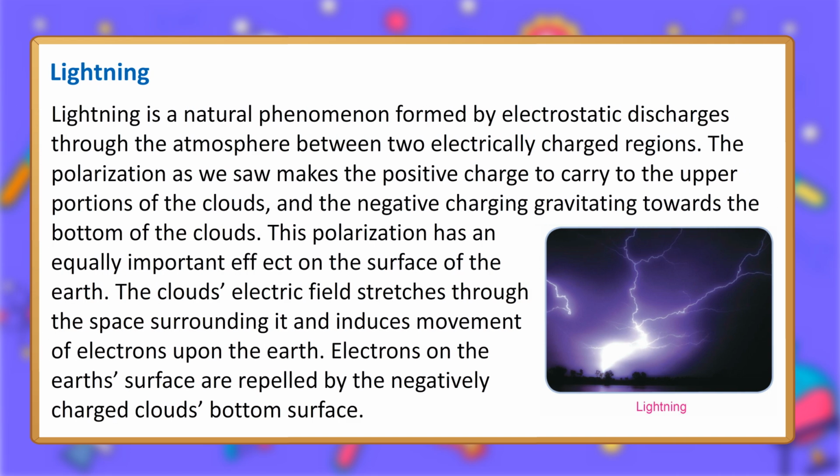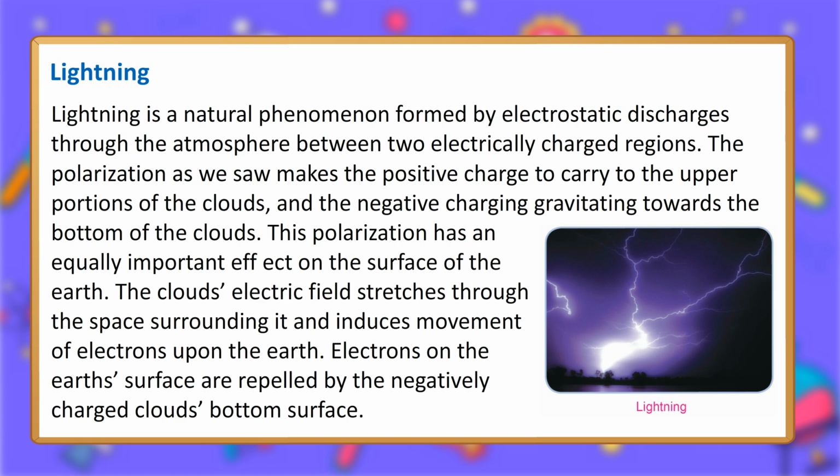Lightning. Lightning is a natural phenomenon formed by electrostatic discharges through the atmosphere between two electrically charged regions. The polarization, as we saw, makes the positive charge carry to the upper portions of the clouds, and the negative charge gravitate towards the bottom of the clouds. This polarization has an equally important effect on the surface of the earth.